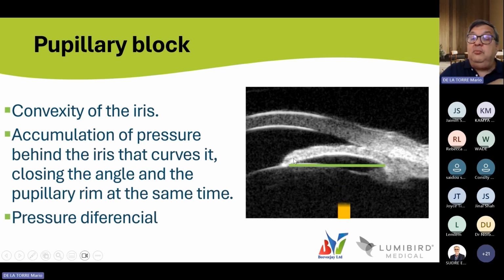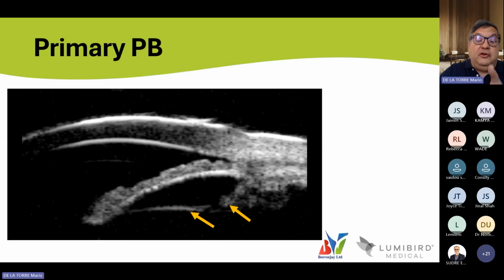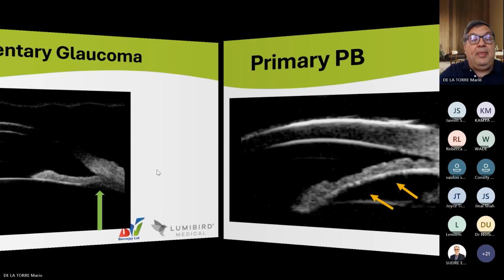The iris should be in this position, but it was moved to this position. In this case, you can perform an iridotomy with success because there is a push. Sometimes even pupillary block doesn't close the angle, and this is important, but it's very difficult to see with gonioscopy.